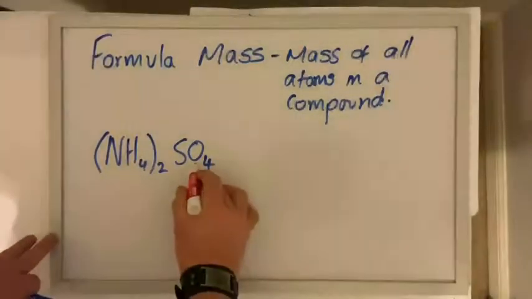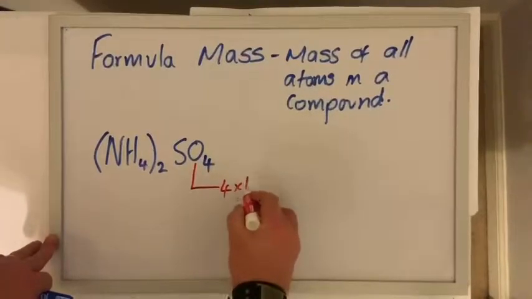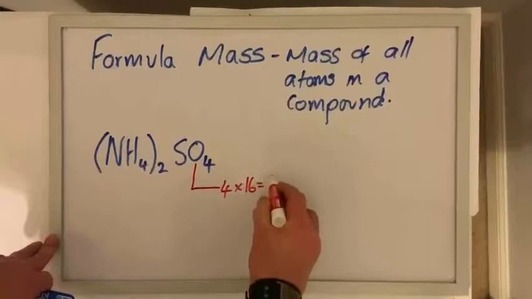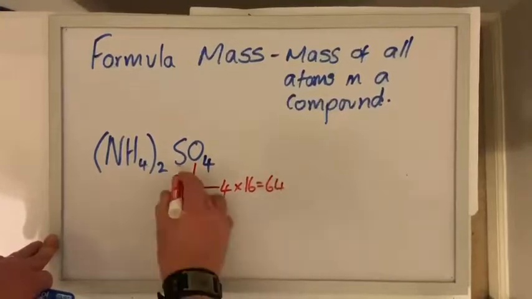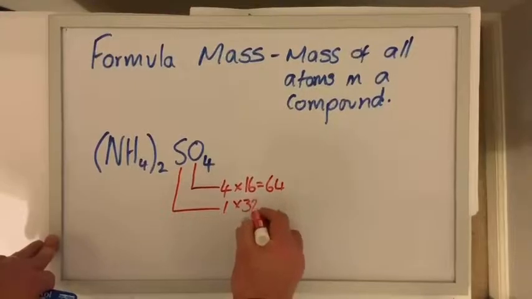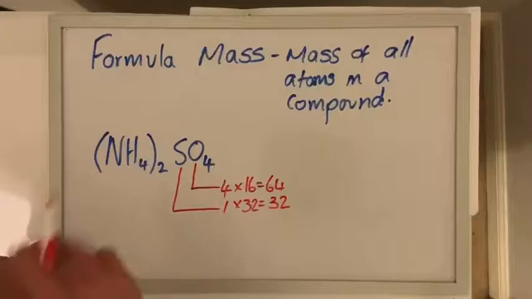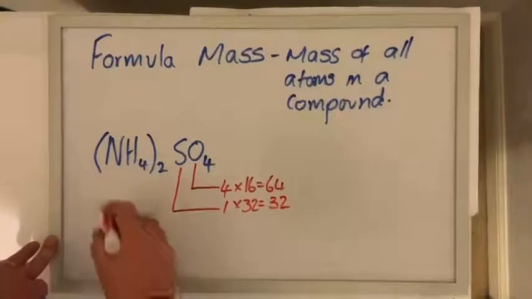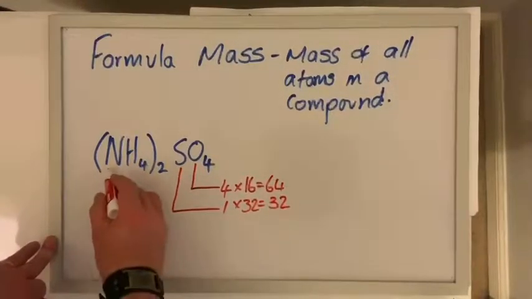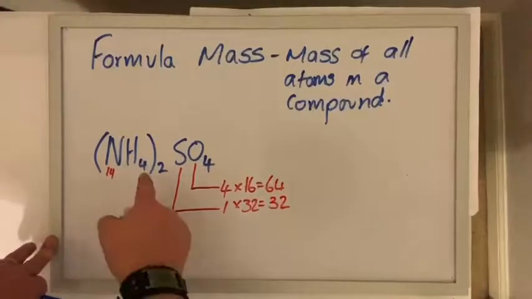Same idea. We have 4 oxygens. They weigh 16 each, so therefore 64. We have 1 sulfur, weighs 32. Now, as I said, I tend to work out what's inside the brackets first. Nitrogen weighs 14. We know hydrogen weighs 1. We have 4 of them.